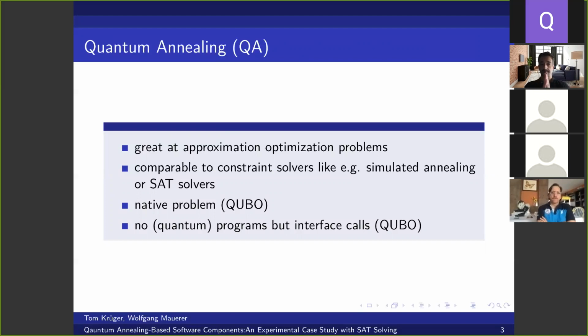In the case of quantum annealing, this is the QUBO problem or QUBO functions, and we don't really have any quantum programs, but we have interface calls to the quantum annealing component via these QUBO functions.